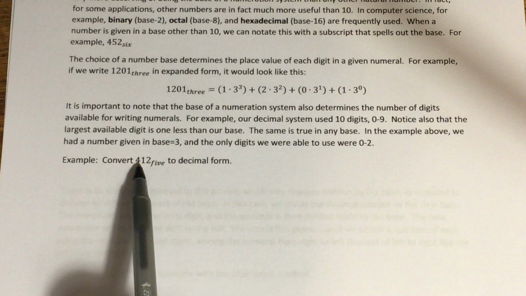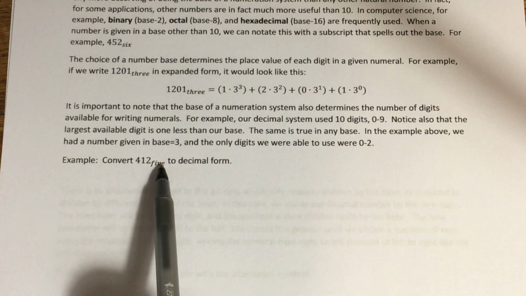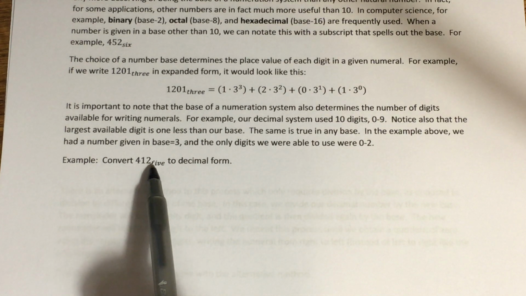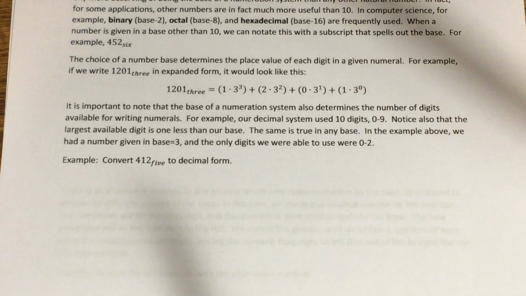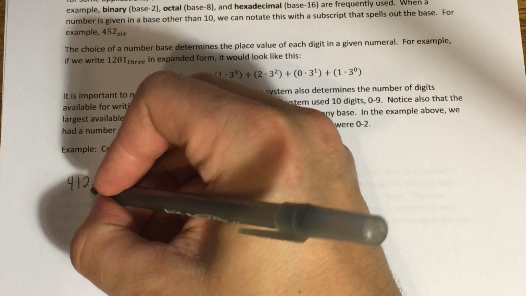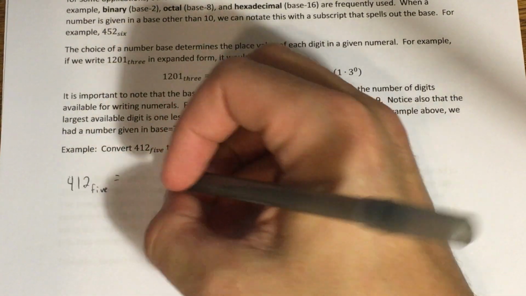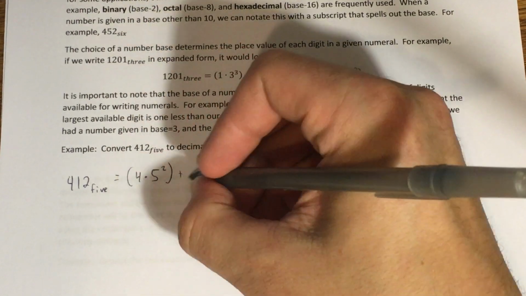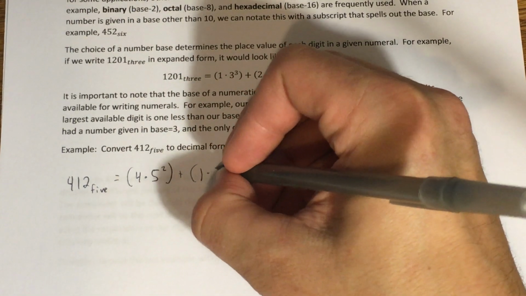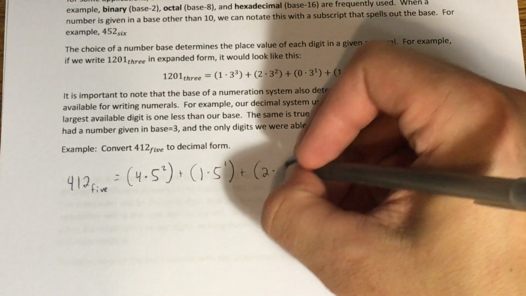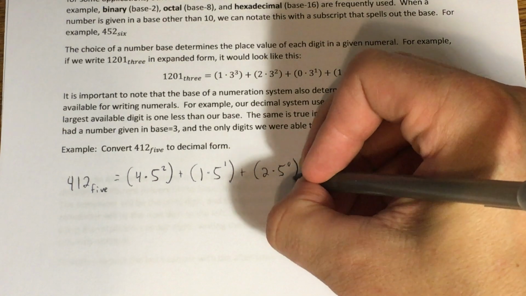I want to convert the number 412 in base 5 to decimal form. And really all this amounts to is writing this in expanded form first, and then evaluating that expanded form, doing the arithmetic that's implied there. So 412 in base 5 literally means 4 times 5 squared plus 1 times 5 to the power of 1 plus 2 times 5 to the power of 0.